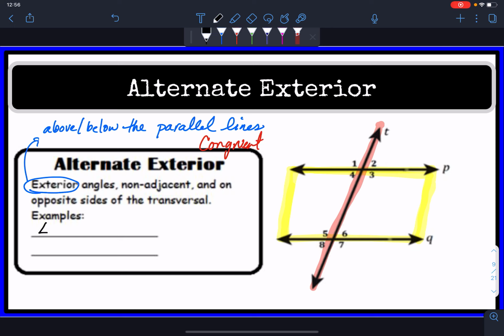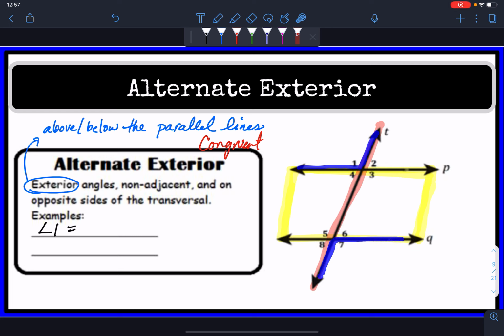Since angle 1 is on the left side of the transversal and above this parallel line, it's going to be congruent to angle 7, which is below, on the outside of Q. And notice again how angle 1 is an obtuse angle and angle 7 is also an obtuse angle.